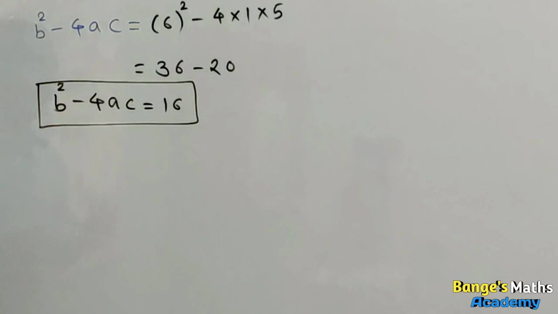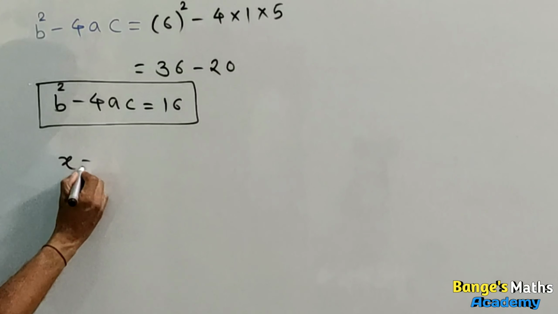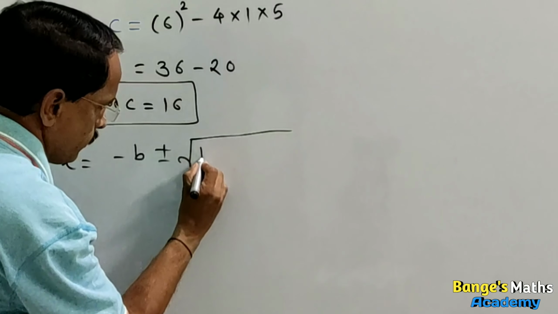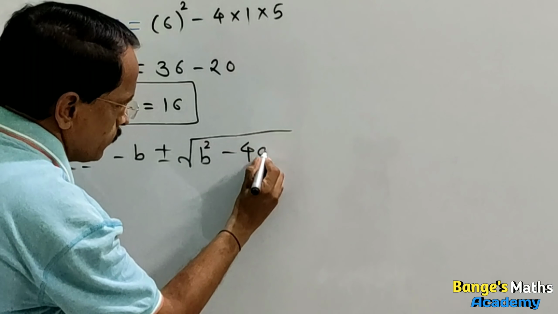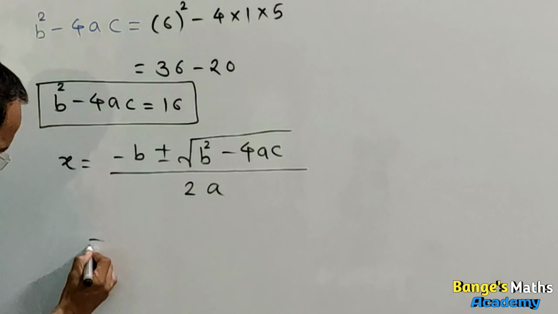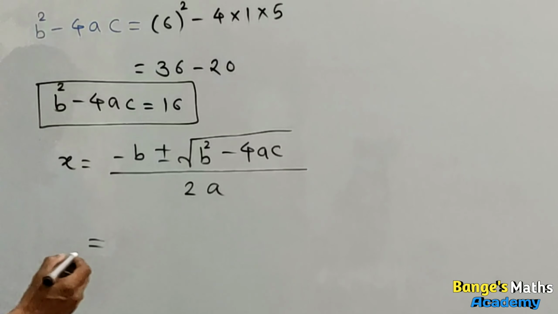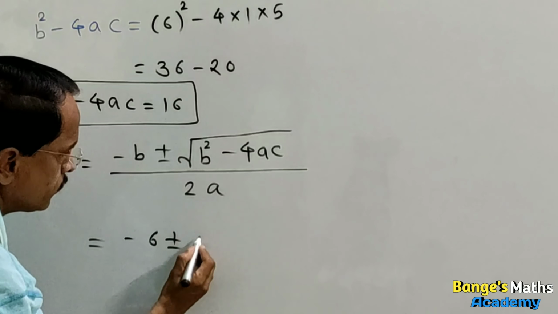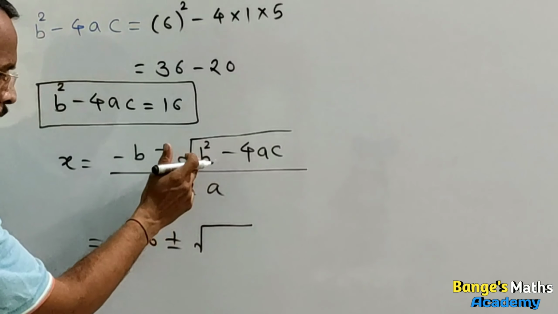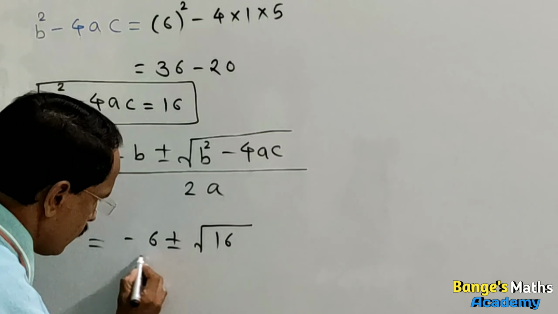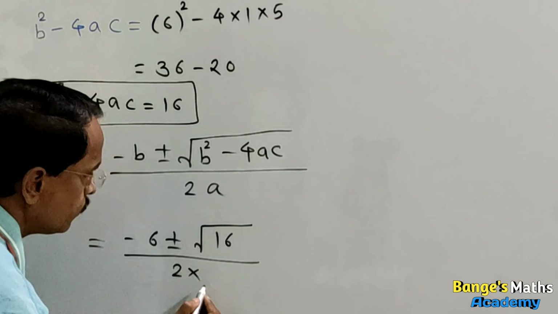Then write down the formula. X is equal to minus b plus or minus square root of b square minus 4ac upon 2a. Put the values in this formula. Minus value of b 6, plus or minus square root of b square minus 4ac which we found as 16, upon 2 into a.